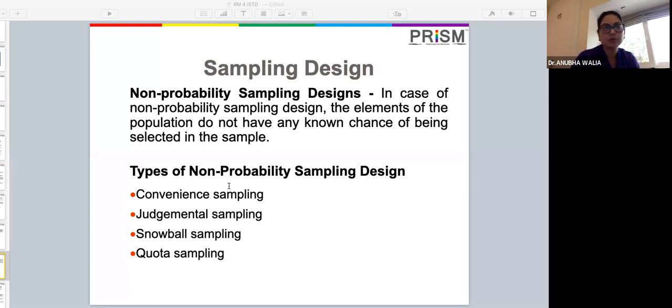To give you an example, if an interviewer has to conduct a survey at a shopping center early in the morning on a particular day, let's say Valentine's Day, the people the interviewer is going to interview would be limited to those who are there at that point in time, which would not represent the views of other members of society or that particular area.